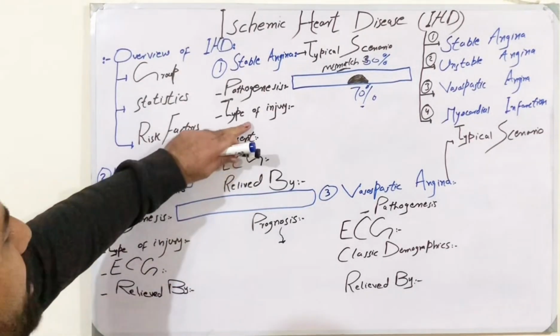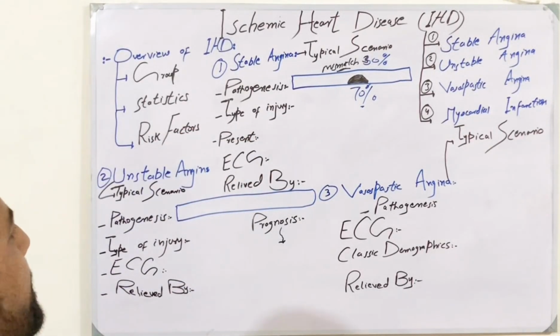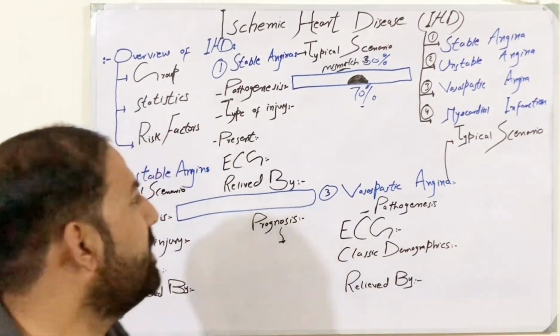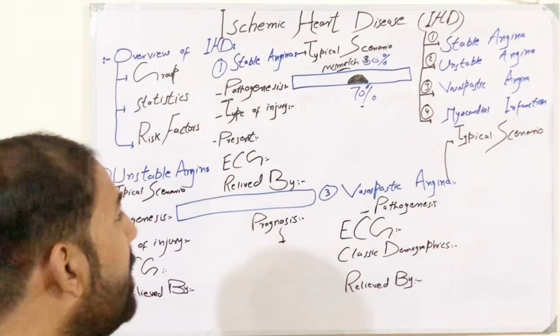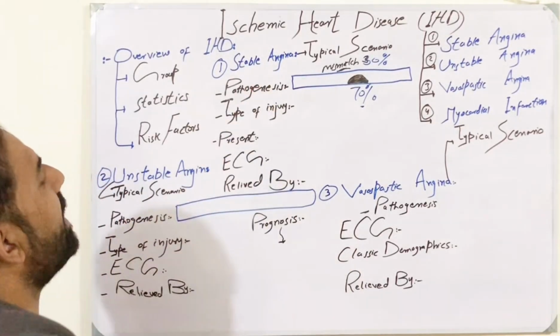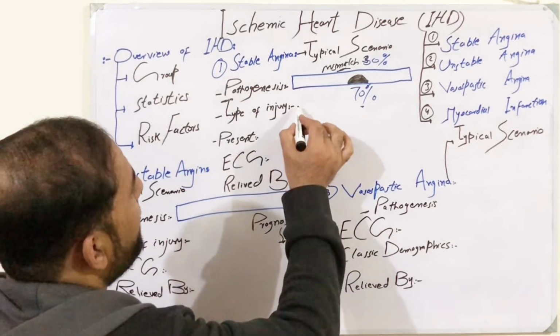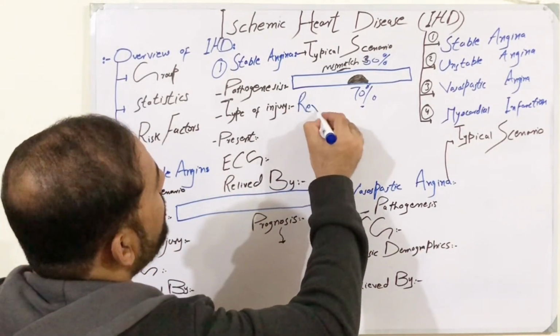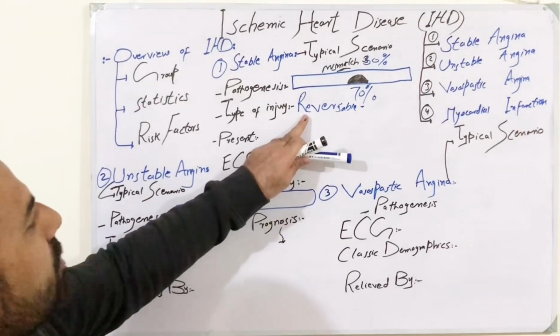Now let's talk about the type of injury. Remember that cell injury is basically divided into two types, reversible and irreversible. Over here in case of stable angina, it's a reversible cell injury. Now what does it mean to us?